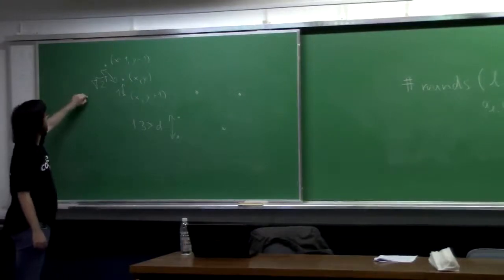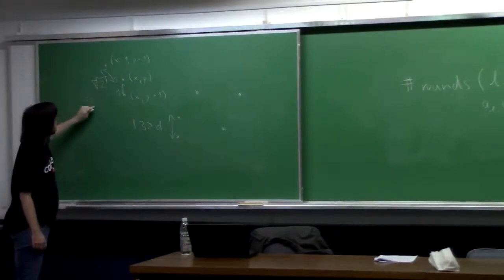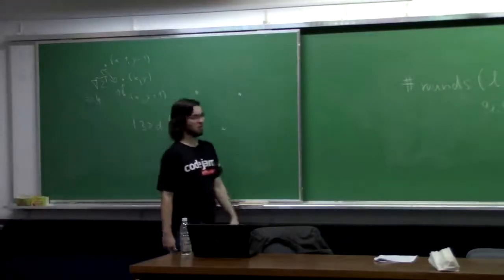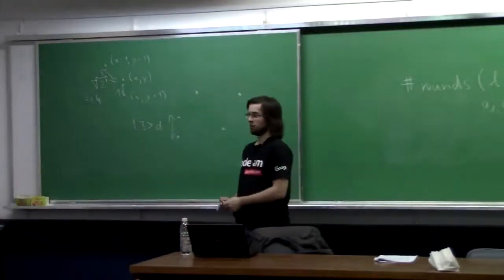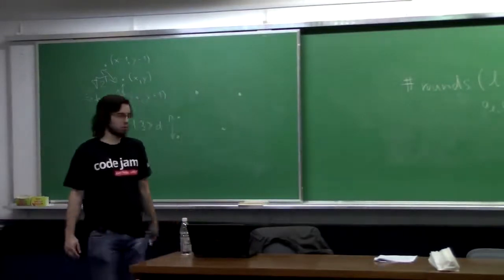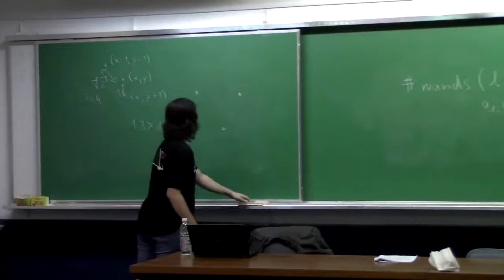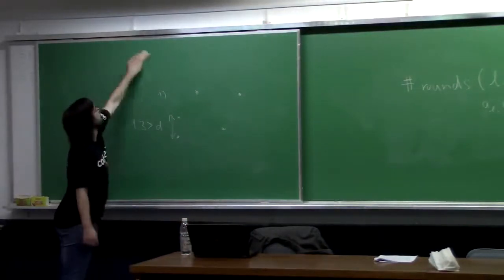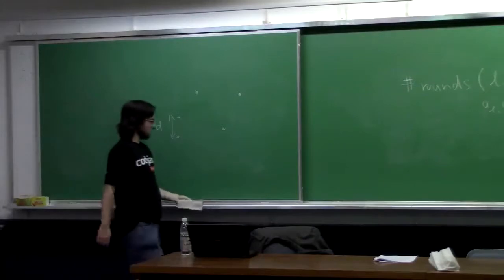And square root of 2 is approximately 1.4, which is greater than 1.3. So that 1.3 just says that the points have to have a distance at least the square root of 2. And so that the points need to be non-adjacent.